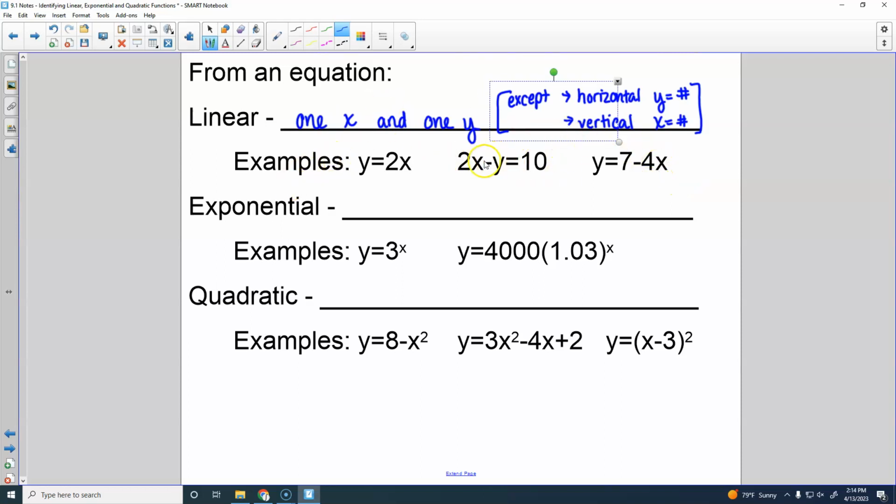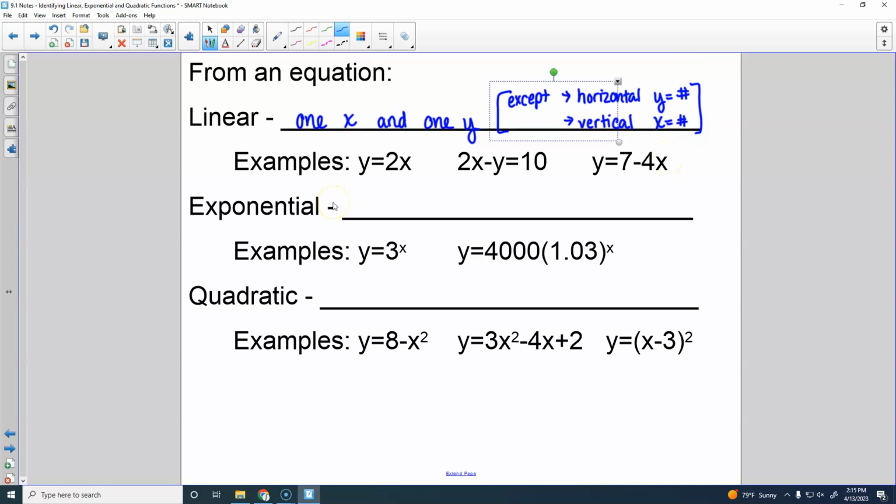They also might be in what we call standard form, which we didn't spend any time talking about. But if there's only one x and one y, then that is going to be linear, because you could solve this for y to get it y equals mx plus b. Okay, so these would be examples of linear equations.